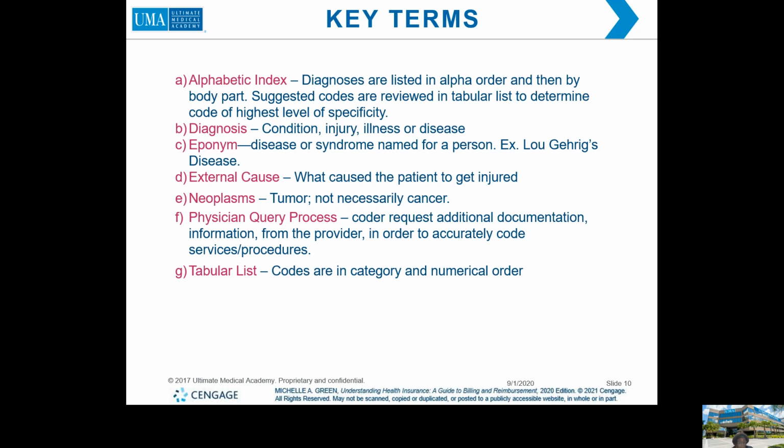It's just a fancy term for asking. And a tabular list is where your codes are in numerical order. Once you find codes in the alpha index, then you go to the tabular index and you verify your code.